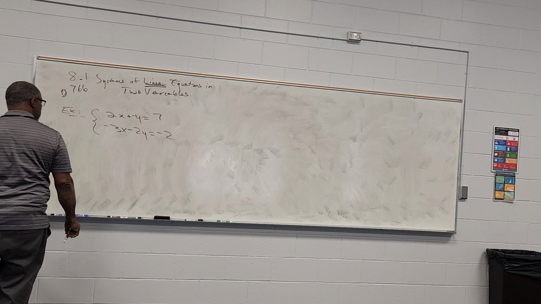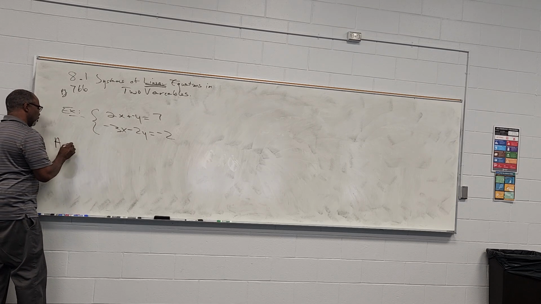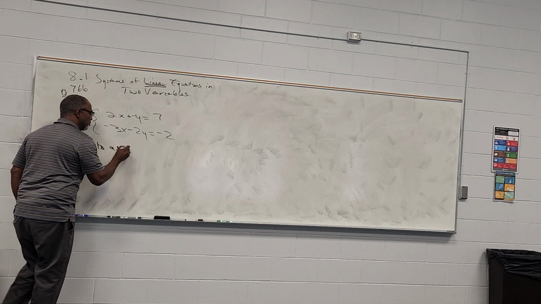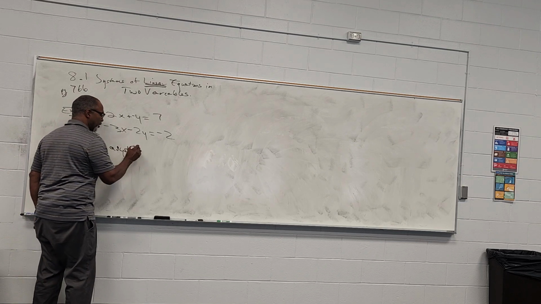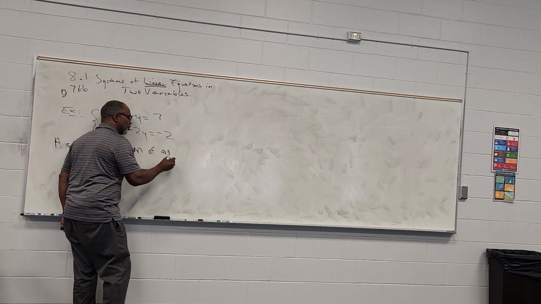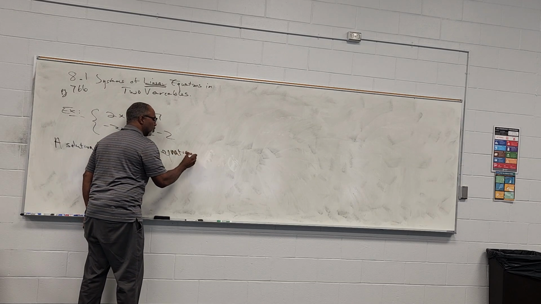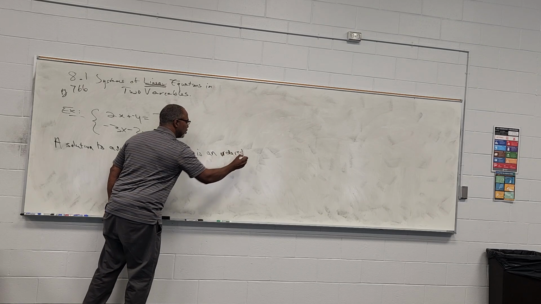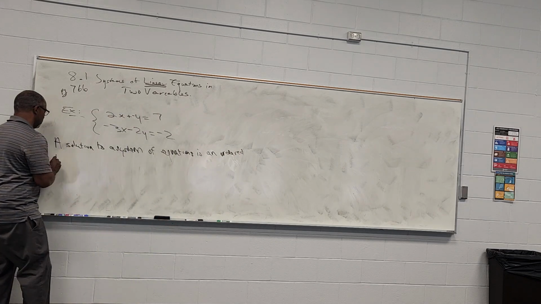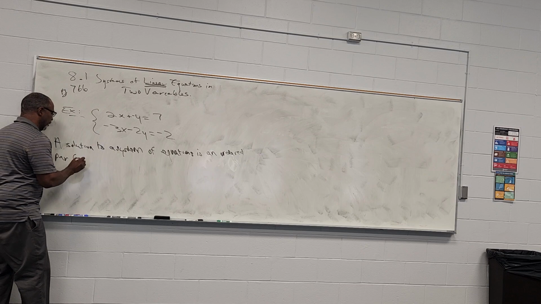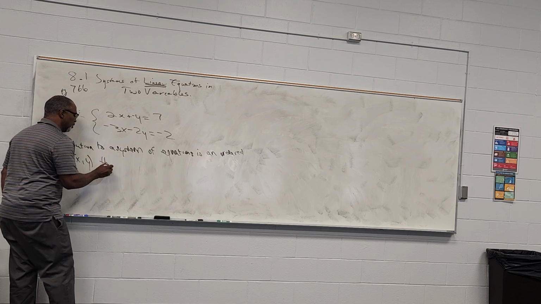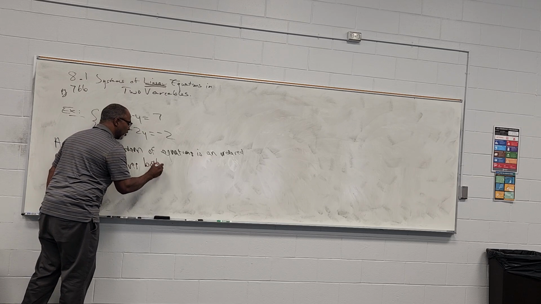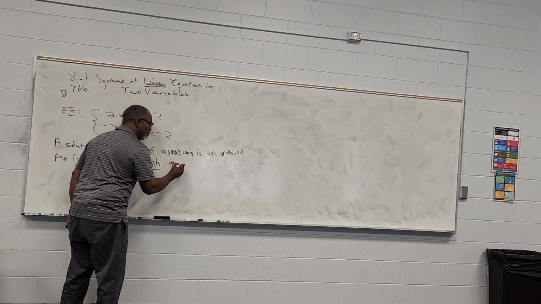Well, a solution to a system, just like the one we got right here, of equations, is an ordered pair, x comma y, that solves both, and that's the key word, both equations.